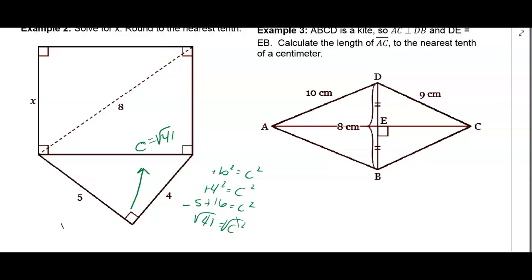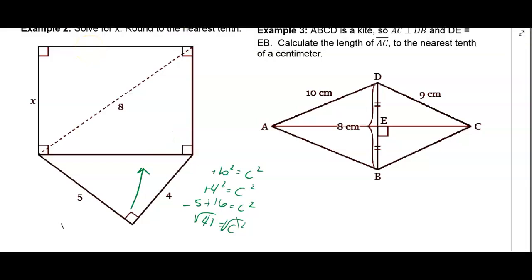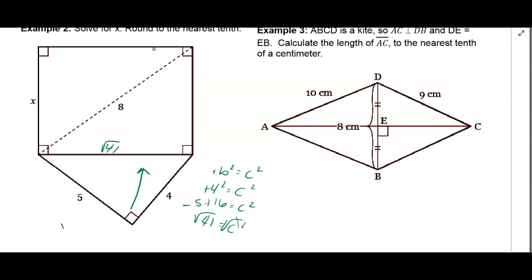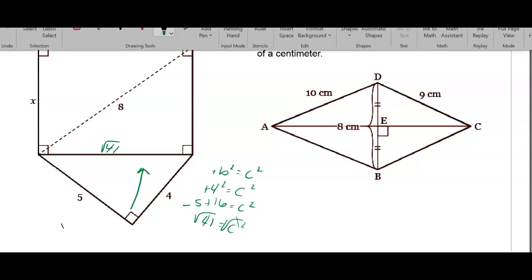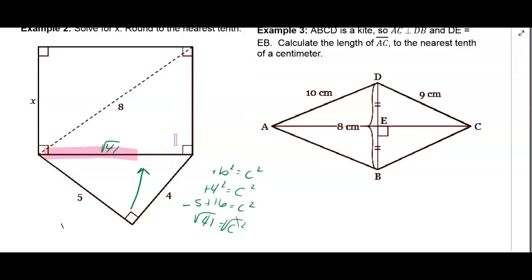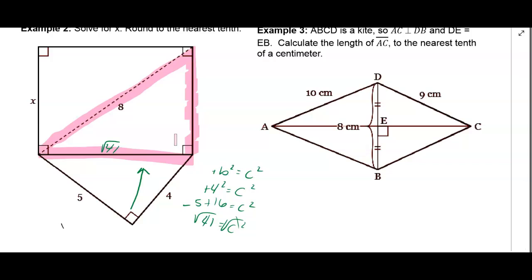So now I know this is square root of 41. So now I know that, hey, right here, I have 2 sides of a triangle. So now I'm looking at this triangle. Let me see how good I can do this. A little better. So I'm looking at this triangle.